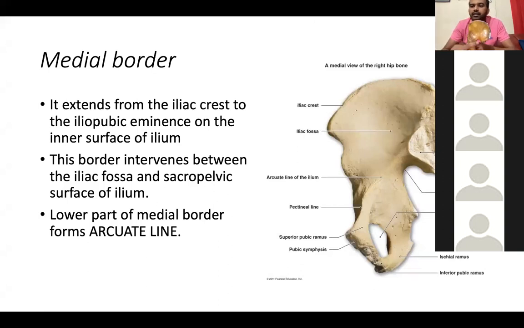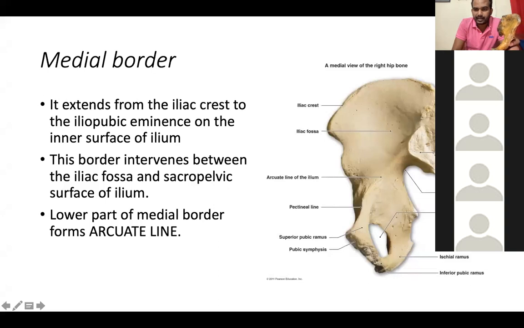So this is the lateral surface. This is the medial surface. Is it clear? So in the medial surface, you are seeing this is the medial border. This medial border extends from the iliac crest to the iliopubic eminence here.